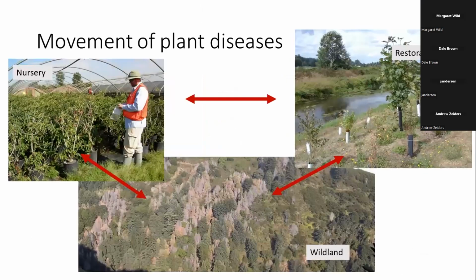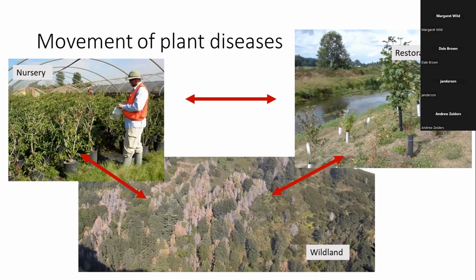Okay, so the way it moves around, it can move from a nursery where you have larger size container plants, upwards from a gallon, that have been sitting there for a long time, and they can pick up diseases from the soil, especially if they're sitting on the soil surface and there's flooding, and the Phytophthora can swim and move around between pots like that.